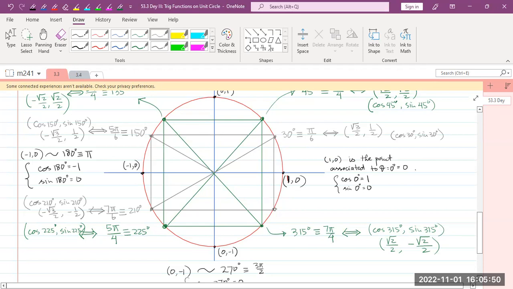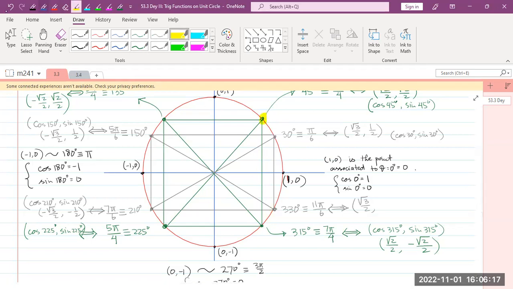Okay, now this point here in quadrant 4 with the same reference angle 30 degrees. Okay, then the angle must be 330 degrees. In radian, that's 11 pi over 6. That corresponds to the same x, which is radical 3 over 2. The same x with this coordinate here.